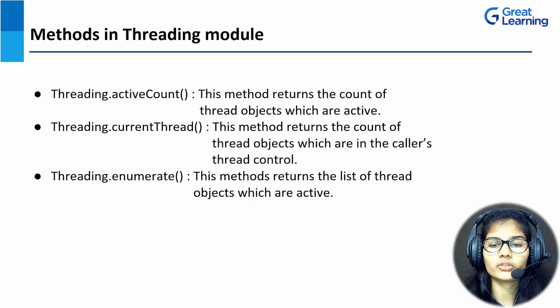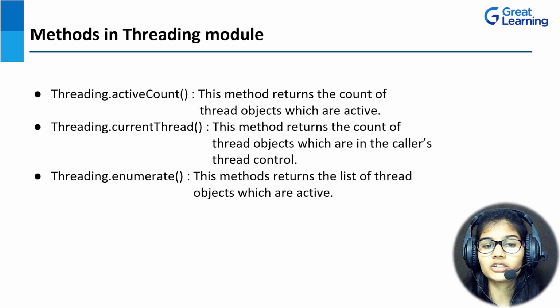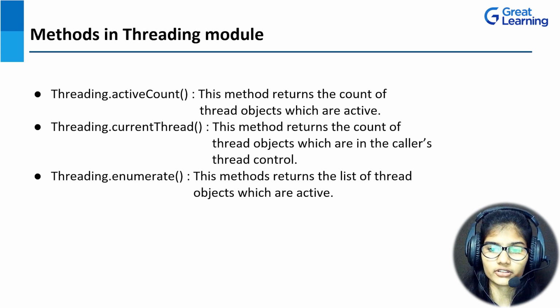This is a method which returns the thread object corresponding to the caller's thread of control. Next, you have the enumerate function. This method returns the list of the thread objects which are active.